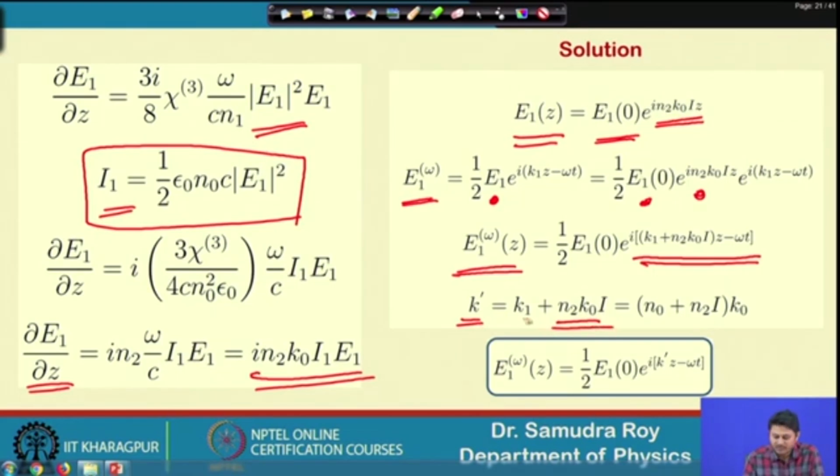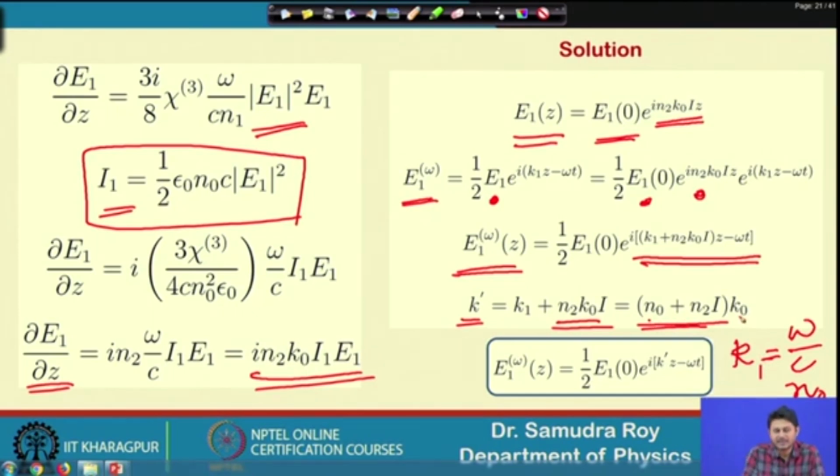So, n2 k0 I can be written in this way, because k1 is simply omega by c into n0. So, omega by c is k0. If I take k0 common, then it is n0 plus n2 I multiplied by k0.